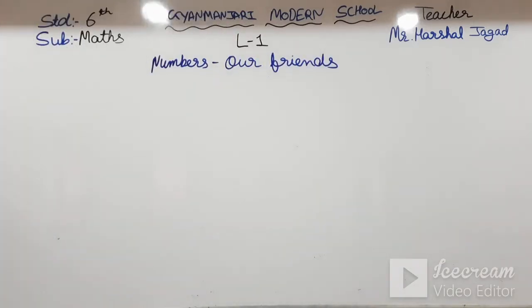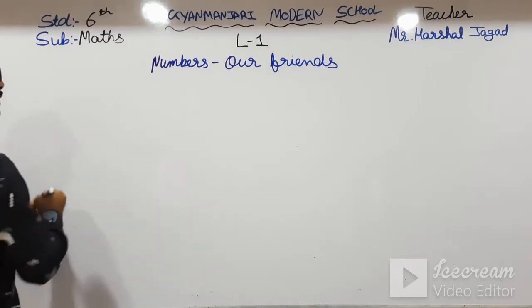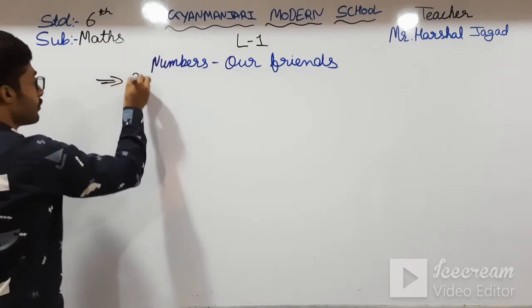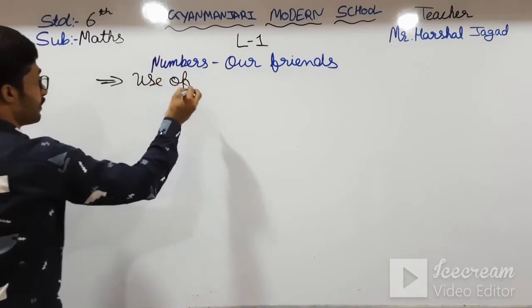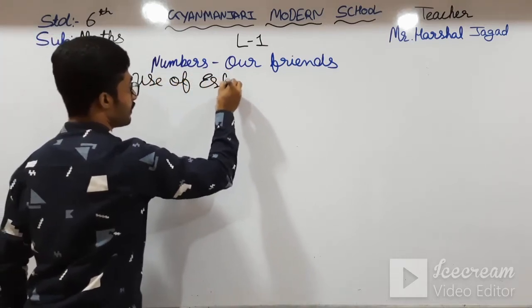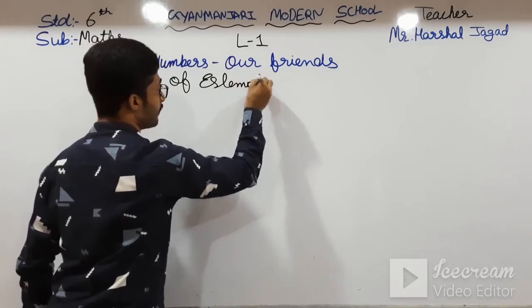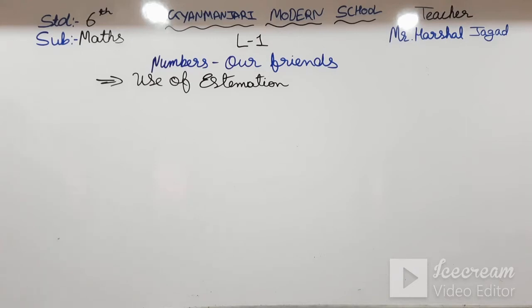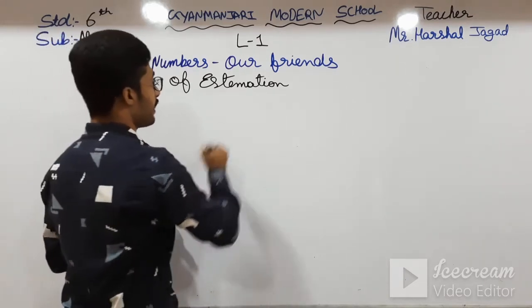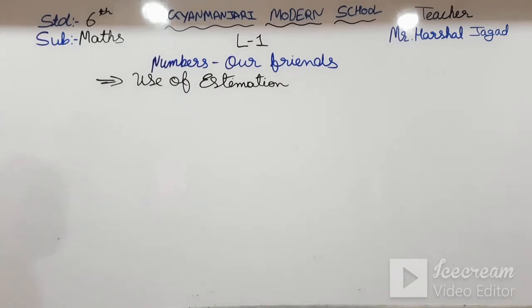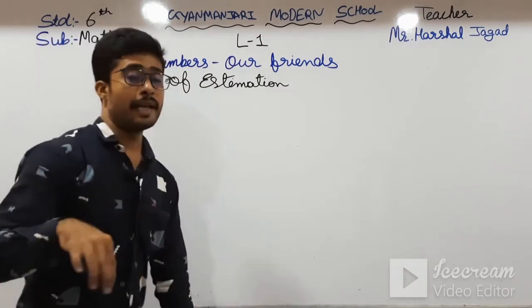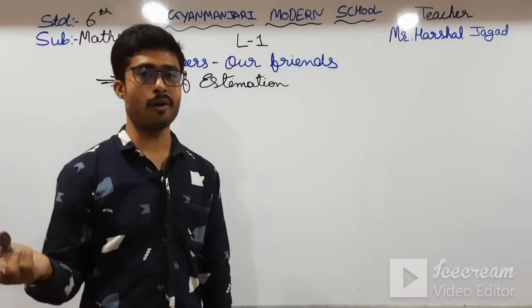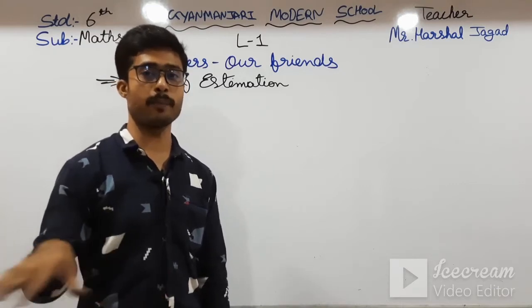Now there is a new topic, that is use of estimation. What is estimation? If I take an example, in the sports day we all know around thousands of people were there.